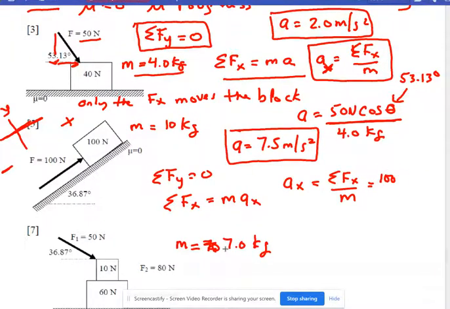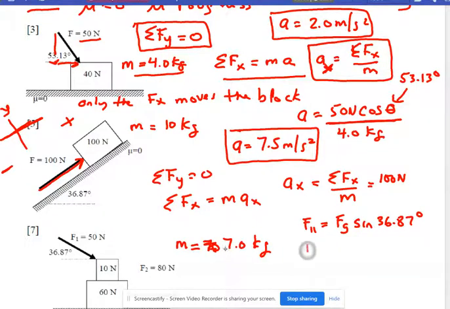But now there's a negative force. What is the negative force? The force acting down the ramp. Well, the box is sitting on this frictionless ramp, and the force down the ramp would be the parallel component, which is Fg sine 36.87. Is that greater than that 100 newtons? I don't know. I do know if it is greater, I'm going to get a negative acceleration.